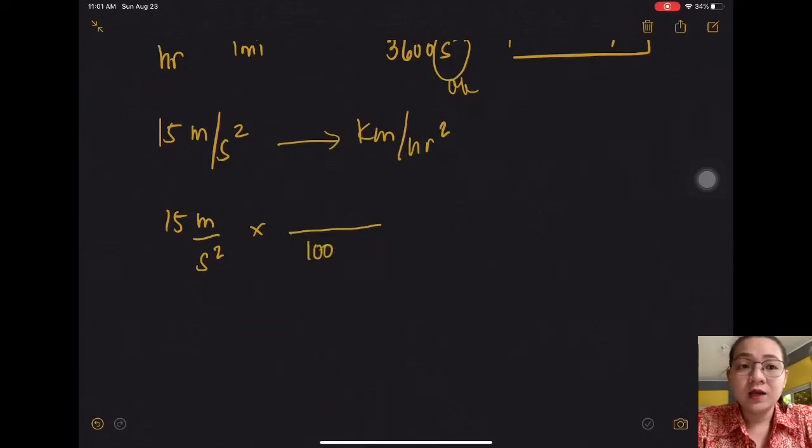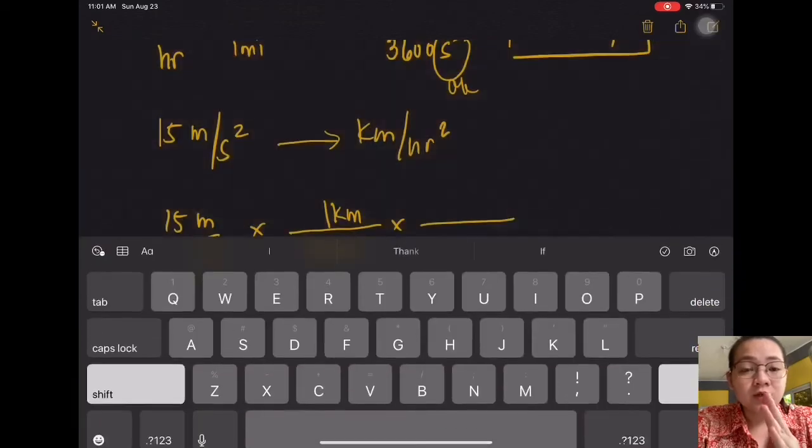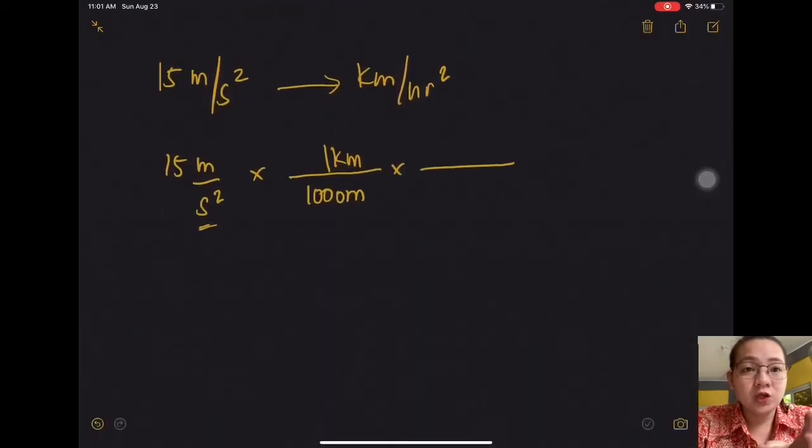So, again, 1,000 meter is equivalent to 1 kilometer. So, we can stop on the length now because kilometer is already there. Now, seconds to hour is the next step. So, based on the computation a while ago, how many seconds are there in 1 hour? We have 3,600 seconds equivalent to 1 hour.